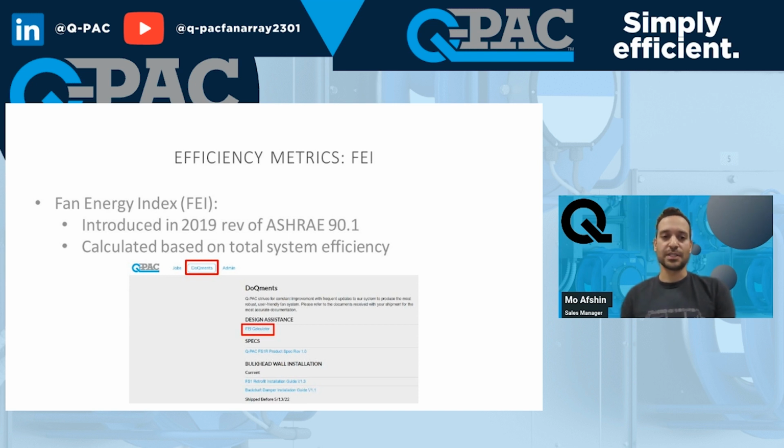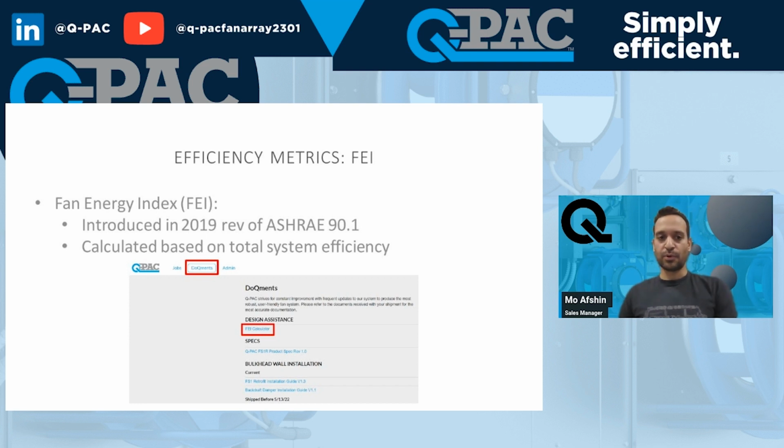It creates an apples-to-apples comparison. You can look at a fan with an FEI of 1.5 and a fan with an FEI of 1.0, and how they compare is just 1.5 divided by 1.0. You see how much more efficient one fan is compared to another.